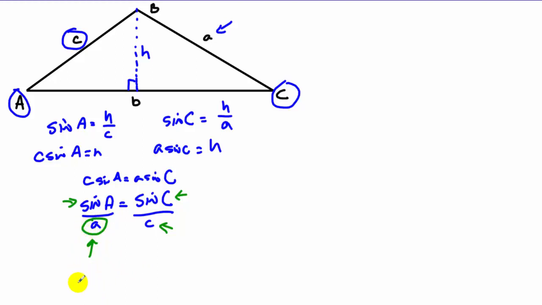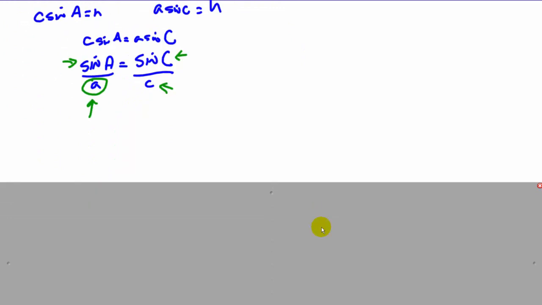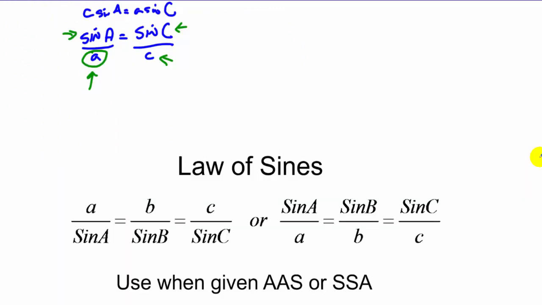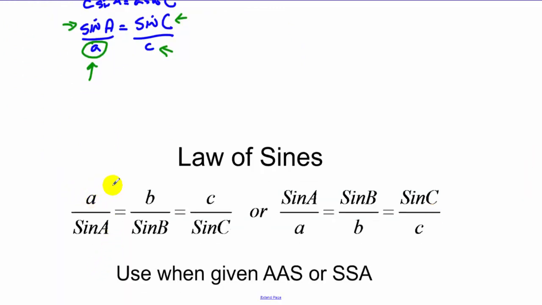So I can solve for a. This is called the law of sines. And the law of sines states the following. It says the ratio of a side to the sine of its opposite angle is equal to the ratio of the other sides and the sines of their opposite angles.